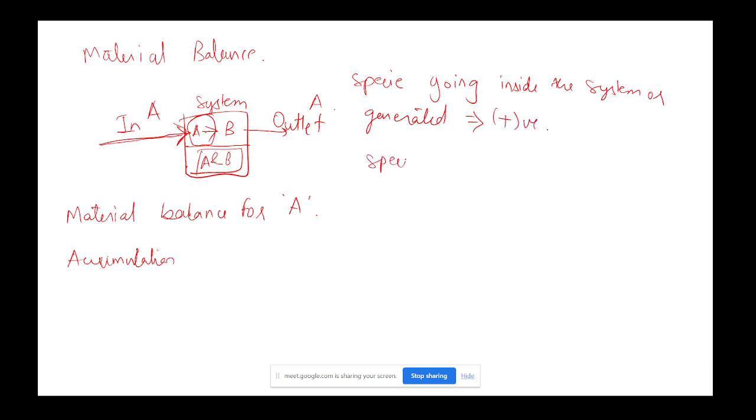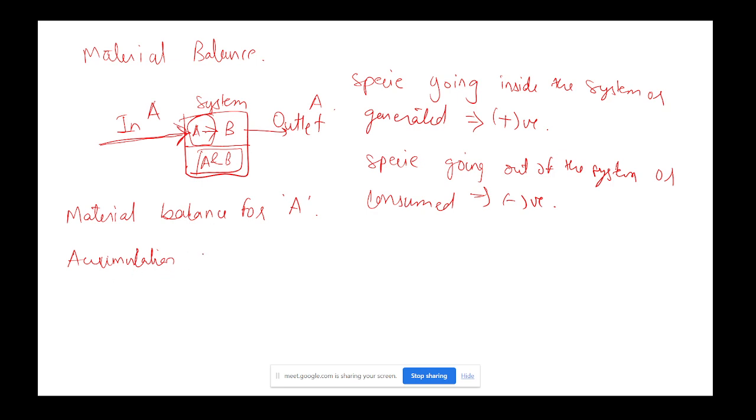The species going out of the system, or if it is consumed, then always it will be negative.